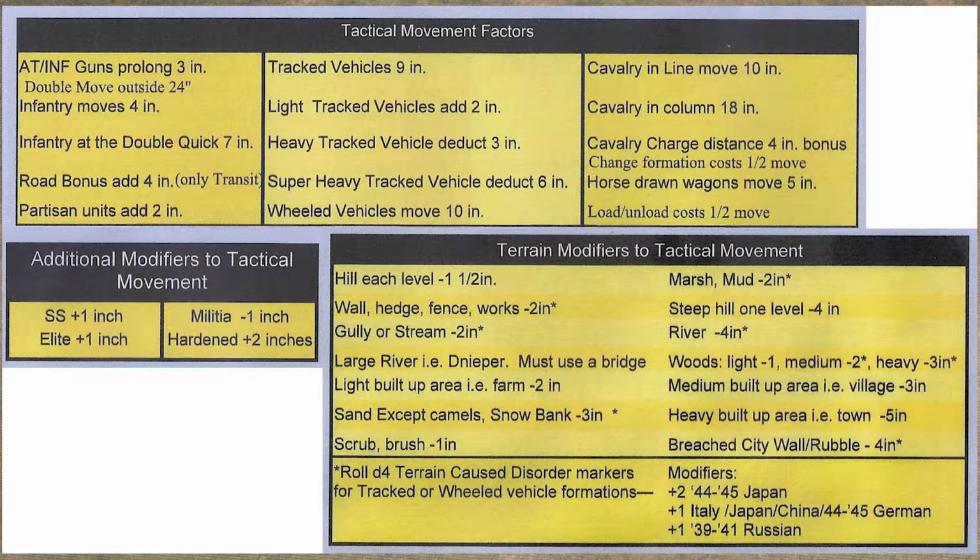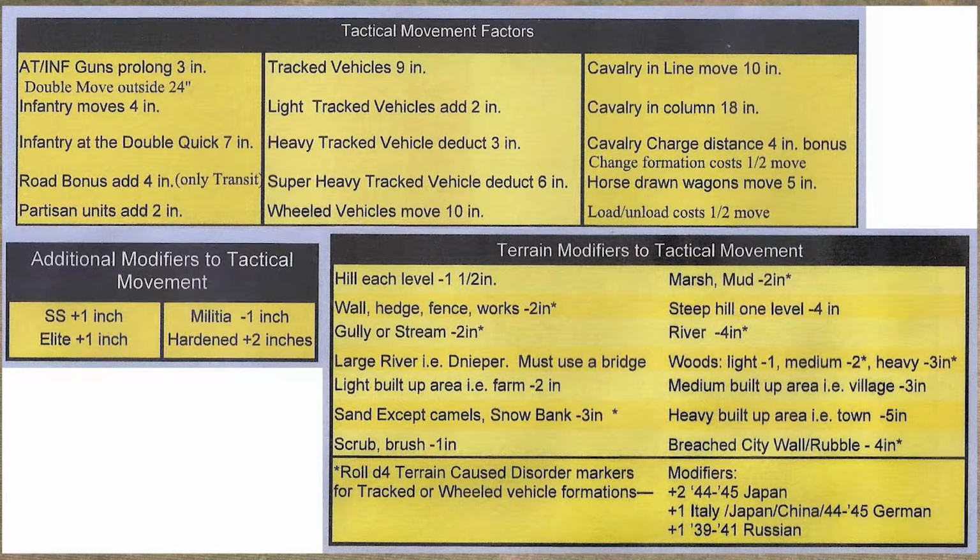The large table there is, again, what you might expect for modifiers to movement. So if you're moving uphill, you lose 1.5 inches for each level. You obviously have to assign your hills levels, or that may be done in the scenario. Something that's worth mentioning is the asterisk against some of these movement penalties.